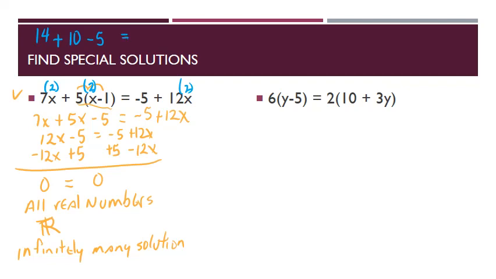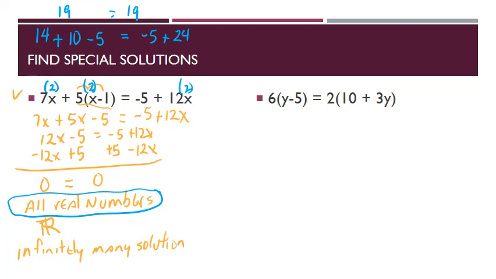So on the left-hand side, I've got 14 plus 10 minus 5. And on the right-hand side, I got negative 5 plus 12 times 2 is 24. Well, 14 plus 10 is 24 minus 5. Well, that comes to 19. And negative 5 plus 24 is also going to be 19. So in other words, any value that I plug in for x is going to give me a true solution. And my solution set is all real numbers.